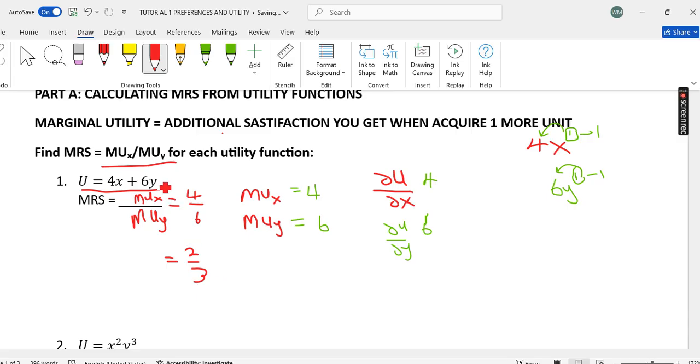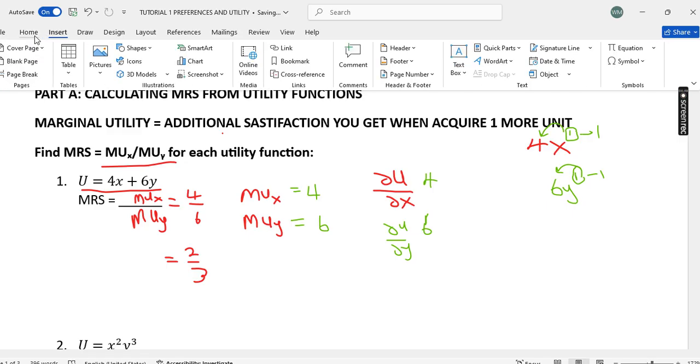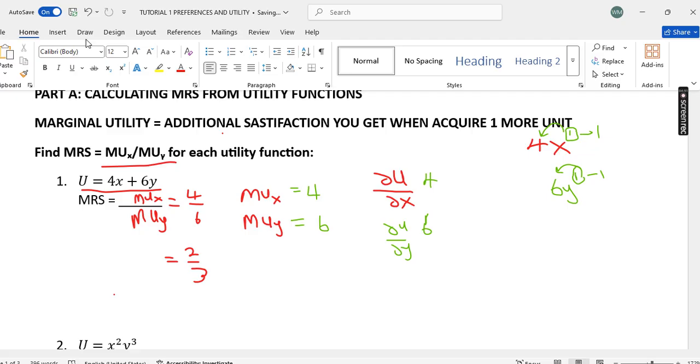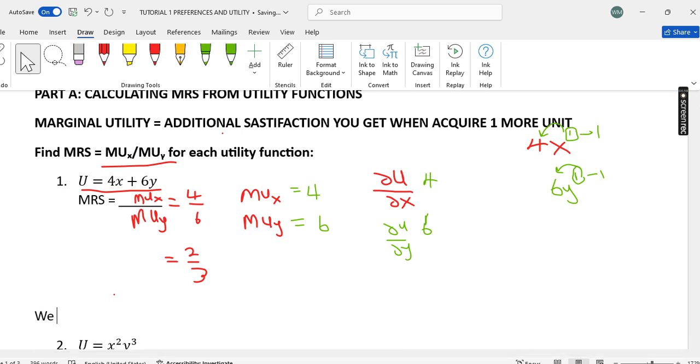So how do we interpret this? This is how you interpret it. We are giving up 2 over 3 units of good y to get 1 unit of good x.